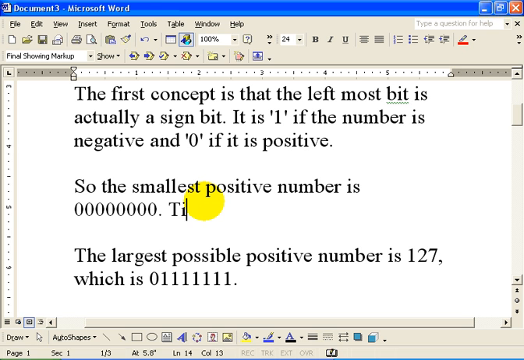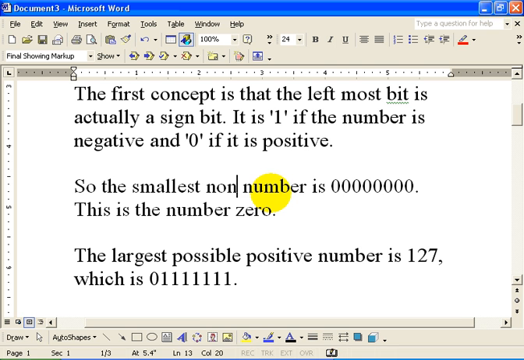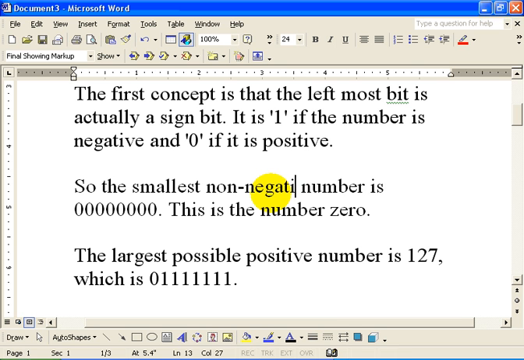In fact, let me make that clear. This is the number 0. And I'll say the smallest non-negative number. Let's write that. Okay, that's 0. All the bits are set to 0.